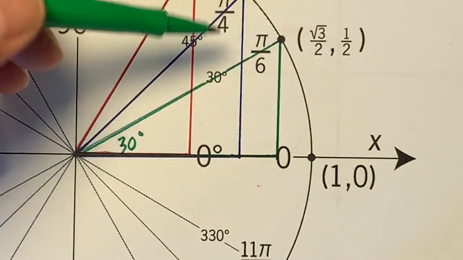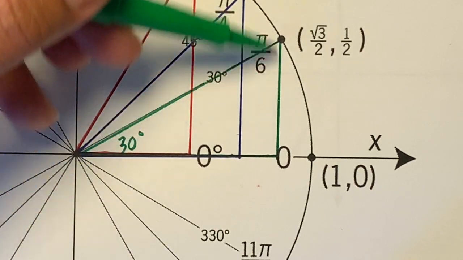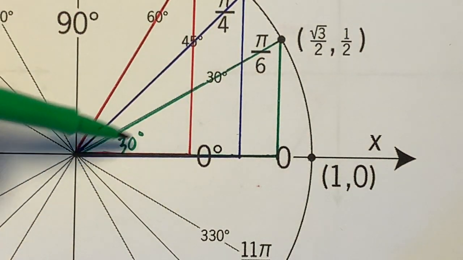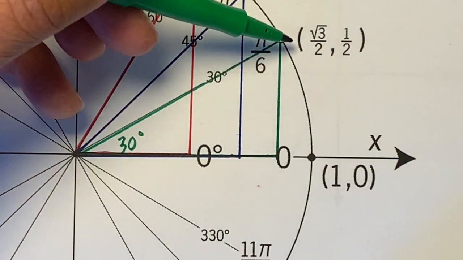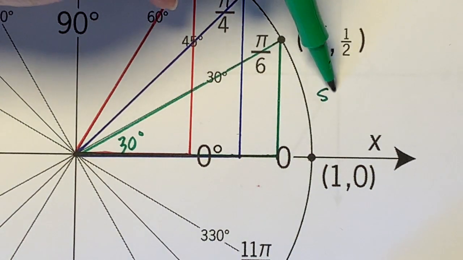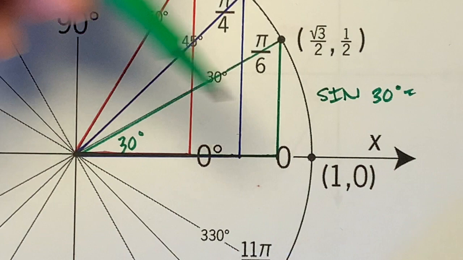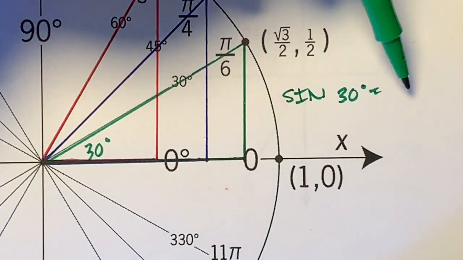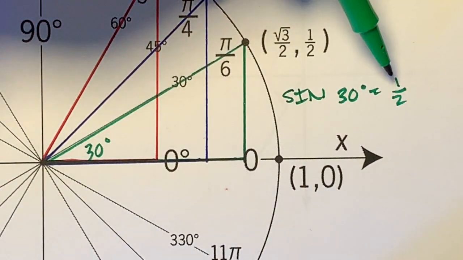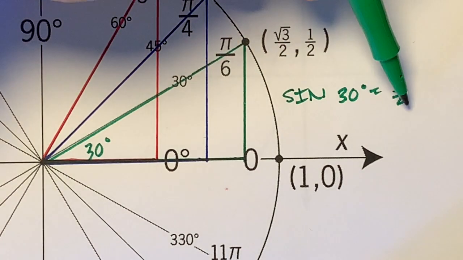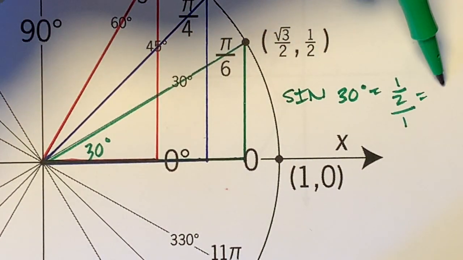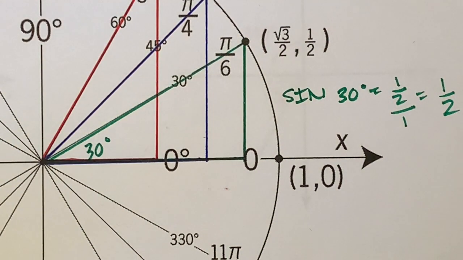So it's 1/2 over the radius, or over the hypotenuse. And this hypotenuse we know is 1. So we can write sine of 30 degrees is equal to the opposite over the hypotenuse, which is 1/2 over 1, which is just 1/2.